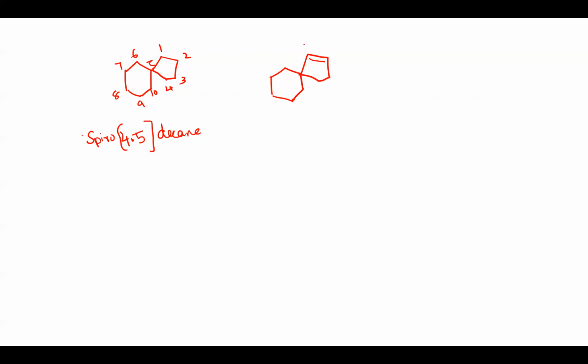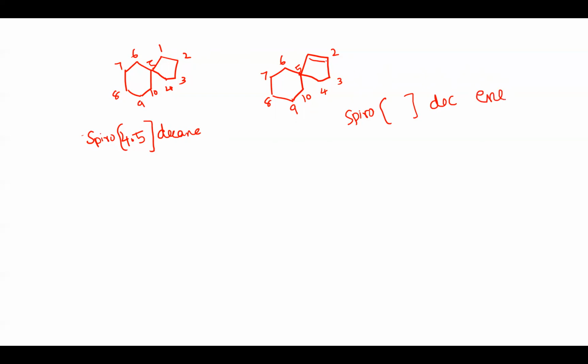Let's number it like this: 1, 2, 3, 4, junction is 5, then 6, 7, 8, 9, 10. So the compound has 10 carbons. It's a spiro compound, and the square bracket is for decane. But the problem is that it is not an alkane, it's an alkene. So it will be decene.